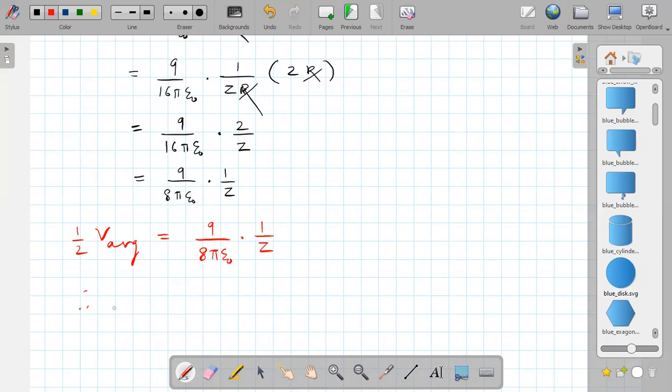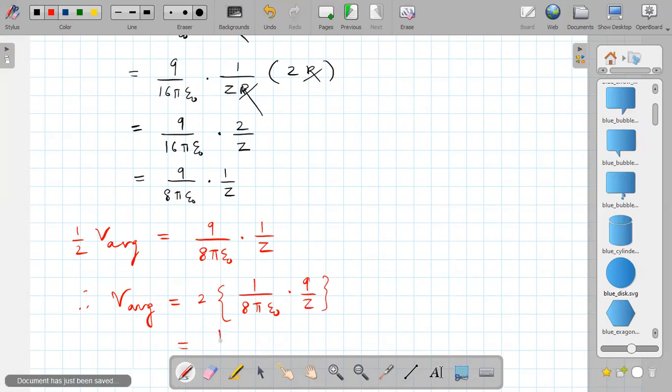And from this, average potential can be written as 2 times of 1 upon 8 pi epsilon 0 into Q upon Z, that is equal to 1 upon 4 pi epsilon 0 into Q upon Z. This is the final equation.